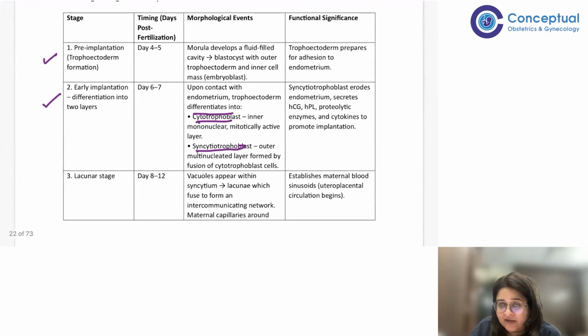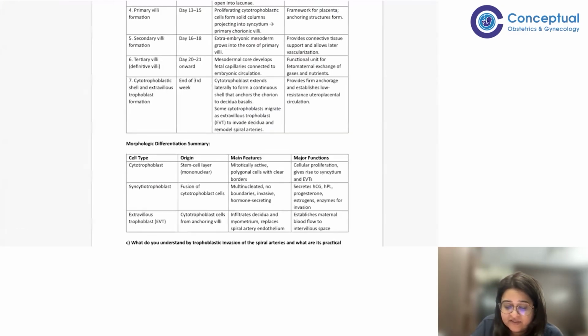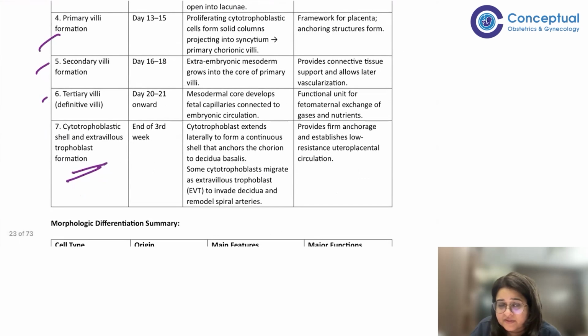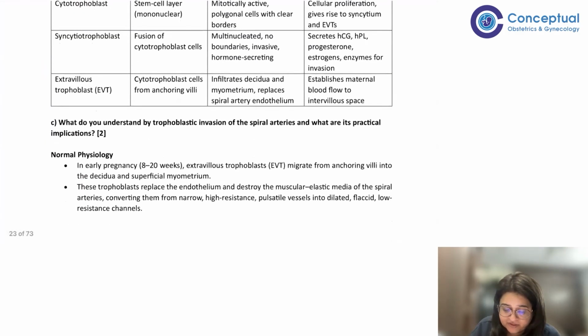Then you have vacuoles appearing within the syncytium. This is called the lacunar stage. Then you have the primary, secondary, and tertiary villi forming. Then you have the final placenta forming. So this is the description of the different trophoblastic stages. Here you basically have to write the formation of the placenta, the primary, secondary, and tertiary villi, and that would be your answer.